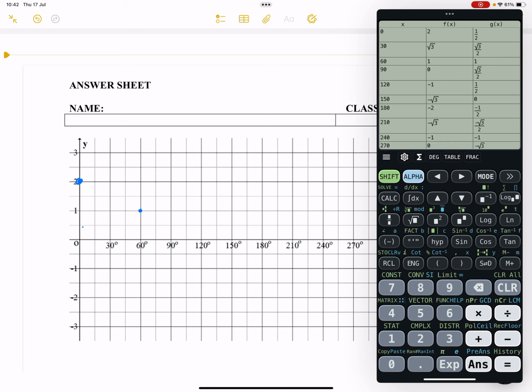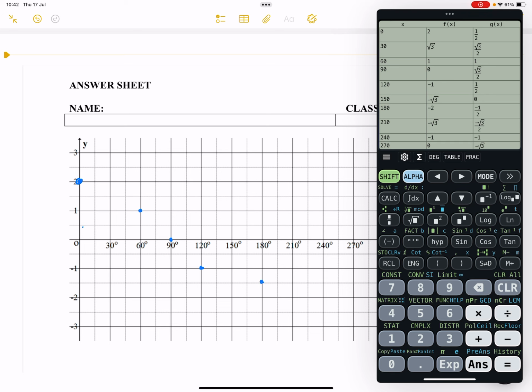I'm going to plot those values that I'm absolutely certain about. At 90, it is 0. At 120, the graph is negative 1. At 150, it is negative square root of 3. At 180, that's negative 2.